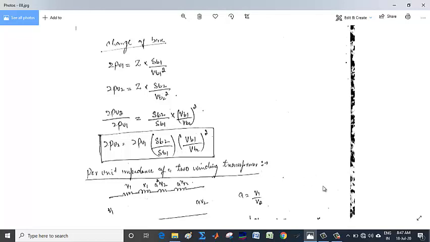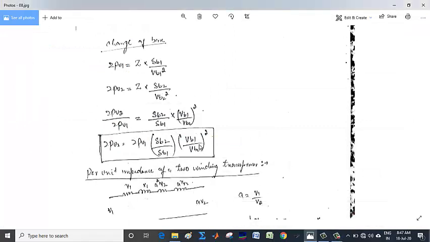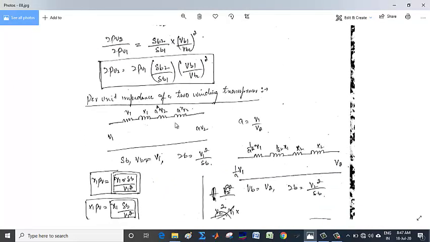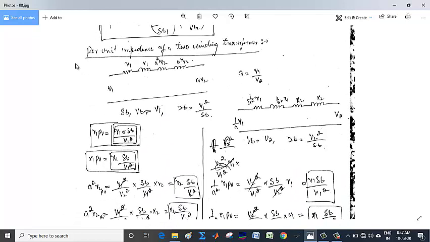Now, this was about the change of base and how the impedance will change. Now we will come to the per unit impedance of a two-winding transformer. We will calculate the per unit impedance of the two-winding transformer first referring to primary, then referring to secondary.